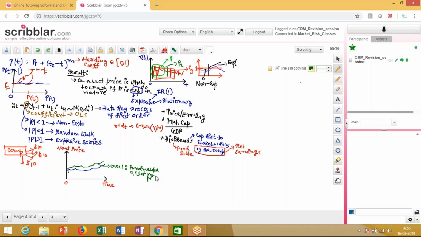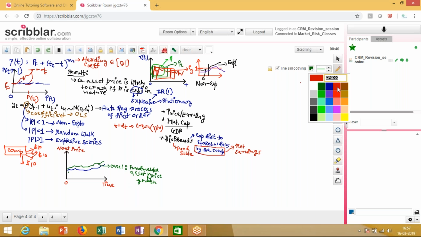This is the fundamental asset price growth. Over here, this is what I can say is the fundamental asset price growth, and more or less these two systems are stationary. So they are not very explosive in nature.